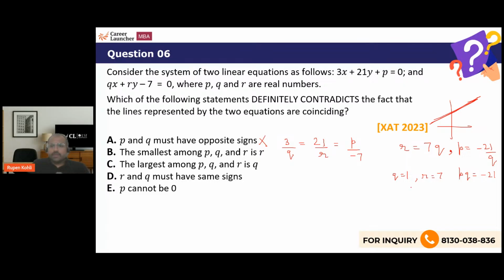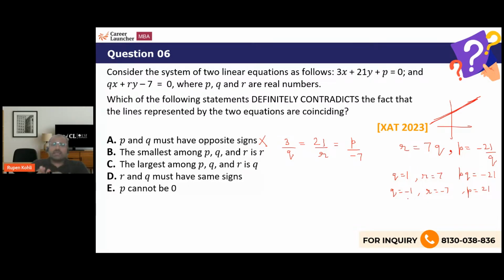In this case, R is not the smallest. If I take Q as minus 1, then R is minus 7. And correspondingly, P is minus 21 over Q, which is 21. In this case, R is the smallest.